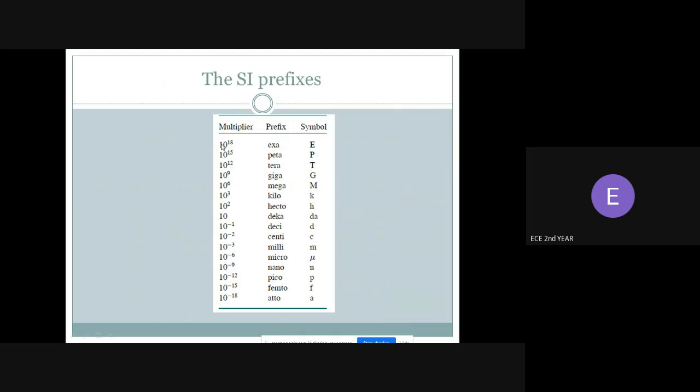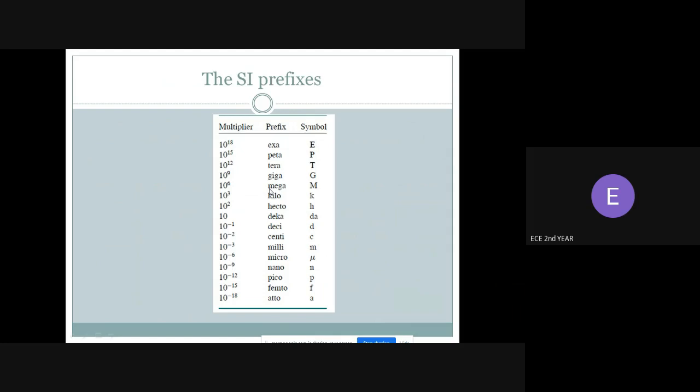Multiplier 10 to the power 18 is exa, symbol capital E. 10 to the power 15 is peta, symbol capital P. 10 to the power 12 is tera, denoted T. 10 to the power 9 is giga, symbol capital G. Mostly we know this from gigabyte. So 10 to the power 9 is G.